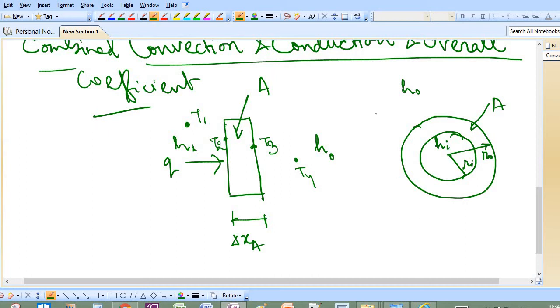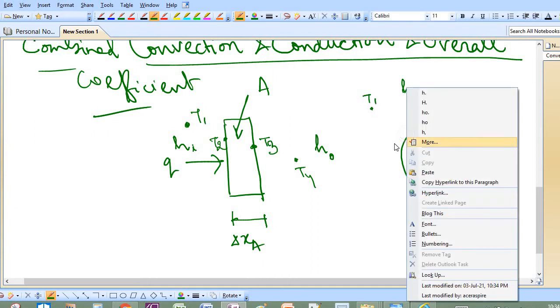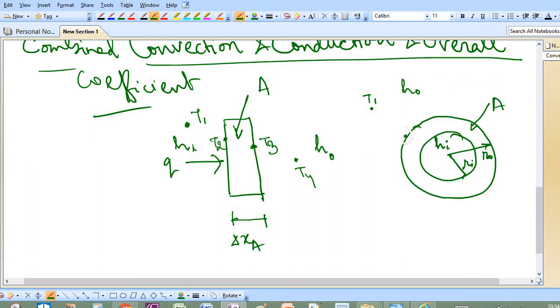We are having certain temperatures: T1 bulk temperature, T2 surface temperature on the outside of the cylindrical wall, T3 the inner cylindrical wall temperature, and T4 the inner bulk temperature.